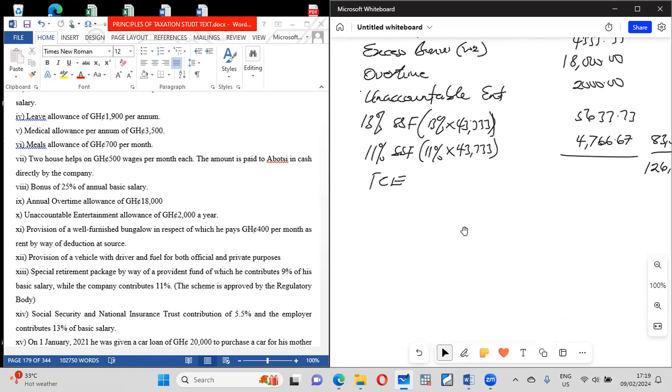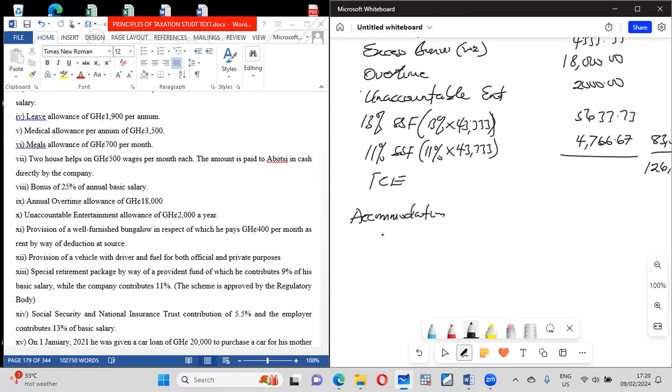The next thing I need to do is to consider the car and the other things. The accommodation. What do we have inside the accommodation? Is it fully furnished? A well-furnished bungalow.